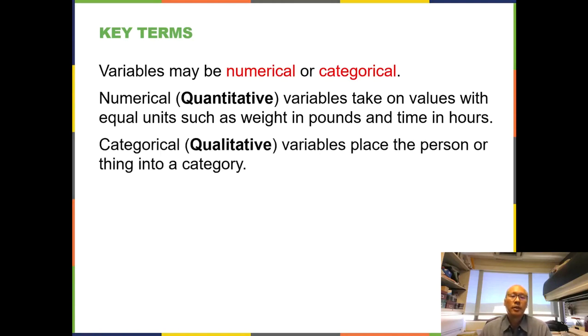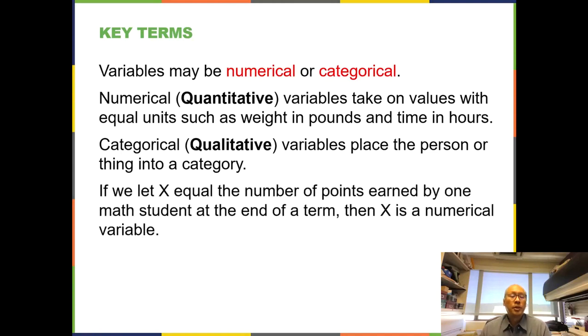Categorical data, or categorical variable, is sometimes called a qualitative variable, and that is something that's described as non-numerical. So it could be a person's gender or a person's party preference, etc. So we would call these things also variables.